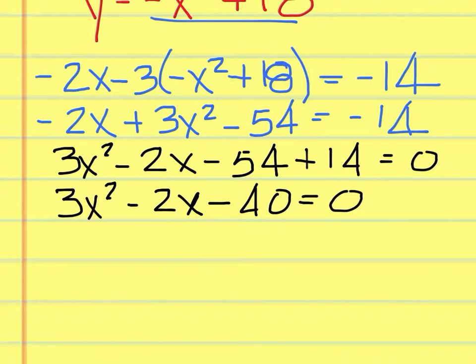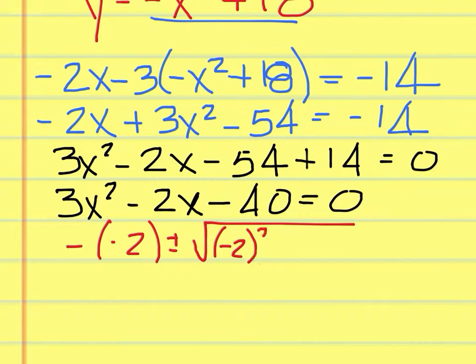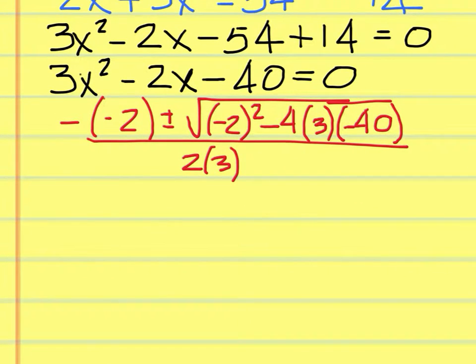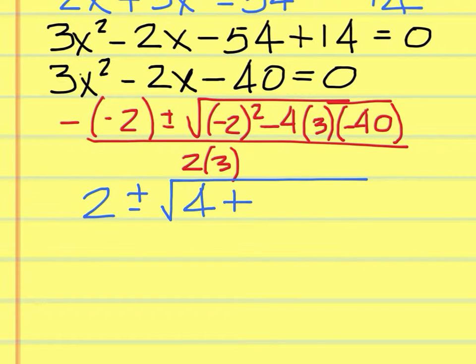And now we can use the quadratic formula to figure out what our values of x are going to be. So we'll just fill in the rest of it here and then simplify. Alright, under the square root sign is always the place that causes the most problems. -2 is +2, and under the square root sign you have a 4 plus what is essentially 12 times 40, which is 480.